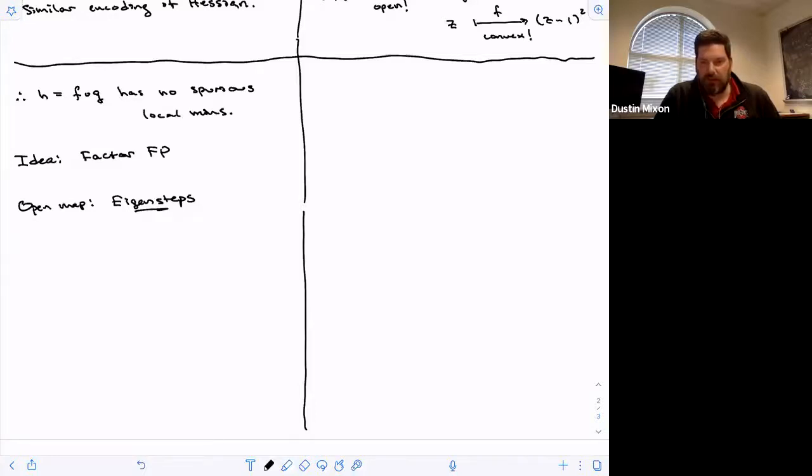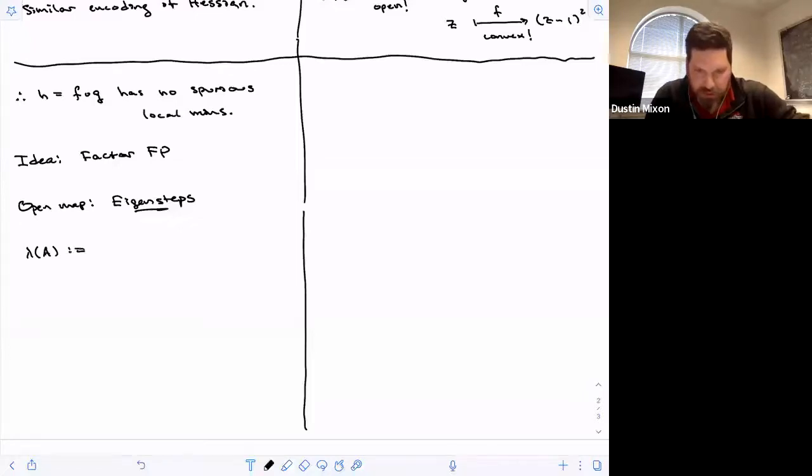They've since been used to demonstrate cool properties of the algebraic set of unit norm tight frames. For example, they're path connected, provided certain conditions are satisfied. We're going to use eigensteps as our open map here.